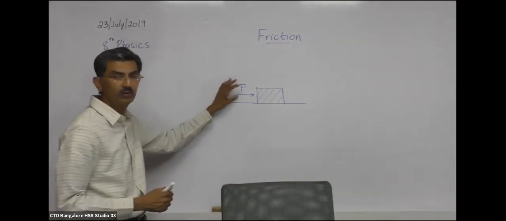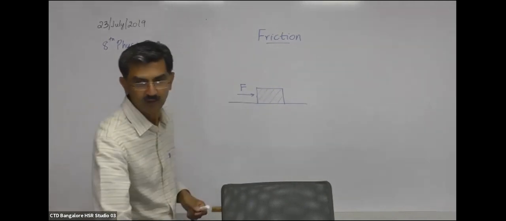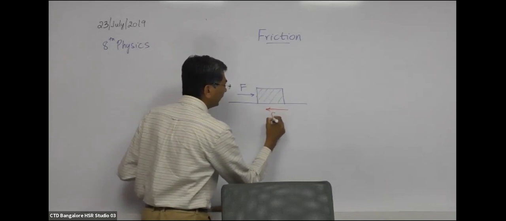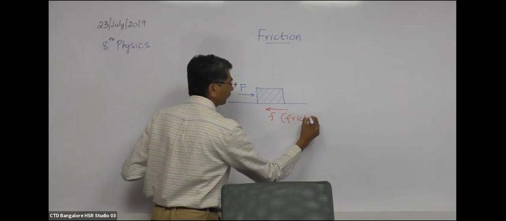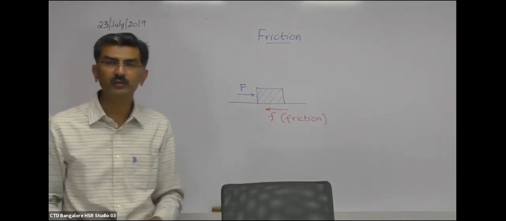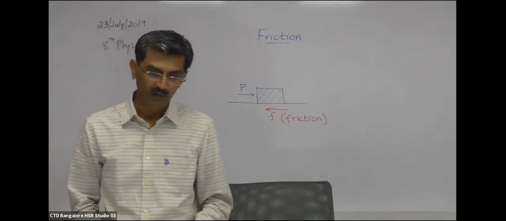If this force is acting on the block trying to move it, then the force of friction acts in the opposite direction. Right? And we know this because friction always opposes the motion.